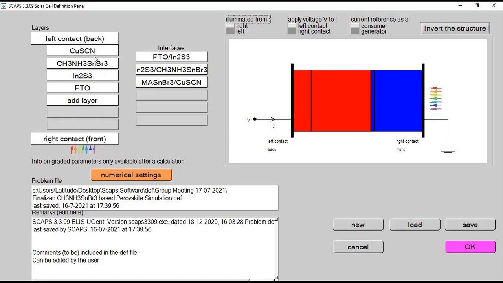My light is being incident from the bottom, and it will go through glass, then ETL, then perovskite and copper thiocyanate. And second possibility, if I want to make it illumination from left to right, you can see that my illumination side has been changed. Now, what does that mean? It means that my architecture is now PIN architecture, inverted architecture.